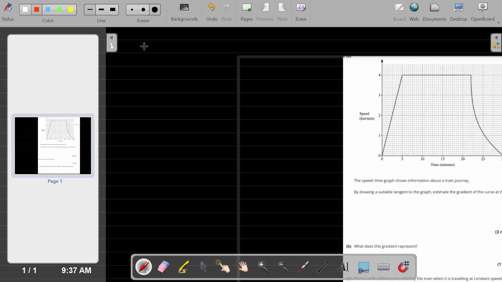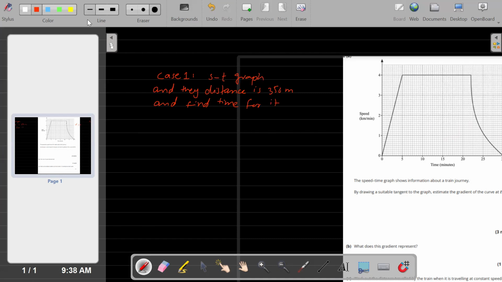Case one is when, suppose, it is a speed time graph and the distance is 300 or 350 meters, and you have to find the time for it.